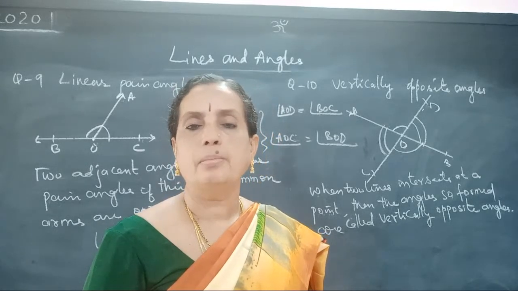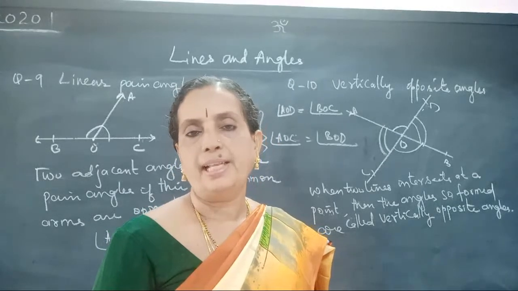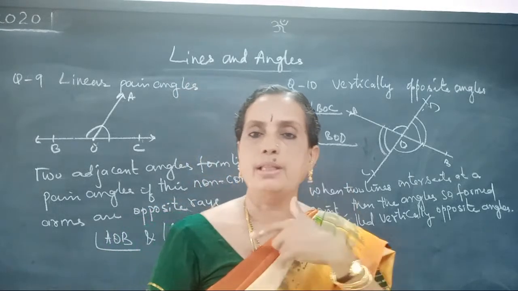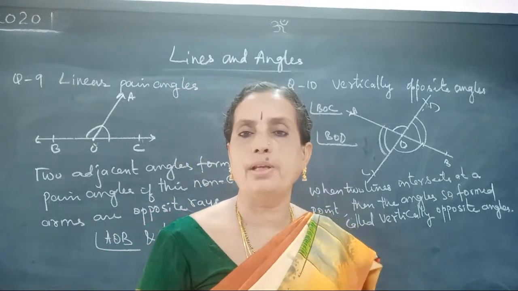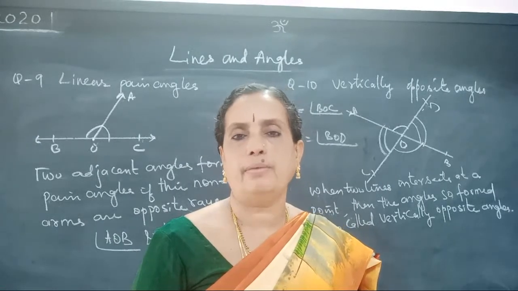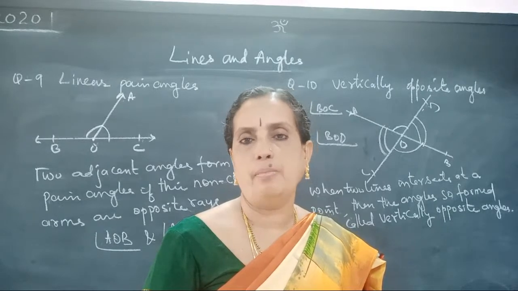Very easy, unless you don't understand the basic concept. That is the reason I am giving the notes, not only the explanation. With the figure and the notes I am giving, you have to repeat the explanation. Figure is a must, definition is very important.